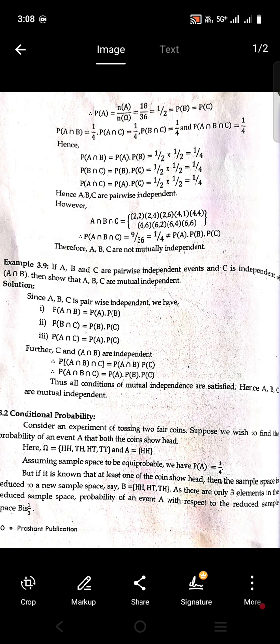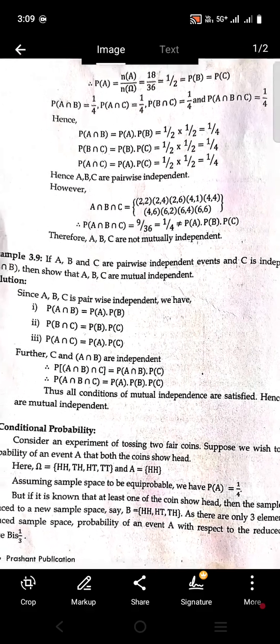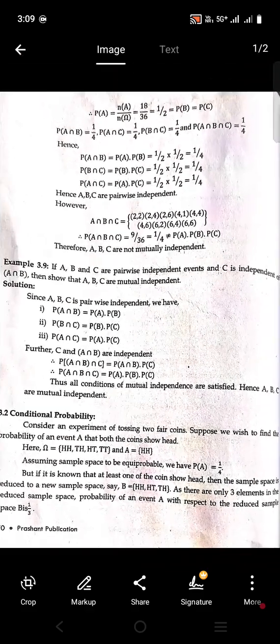And A is the event that both coins show head. Here, both coins showing head is one element of the sample space, that is A equal to HH.